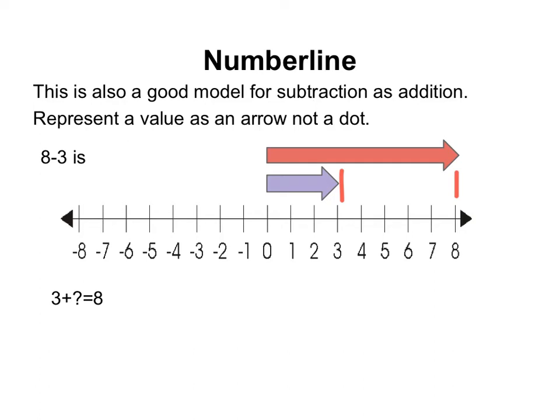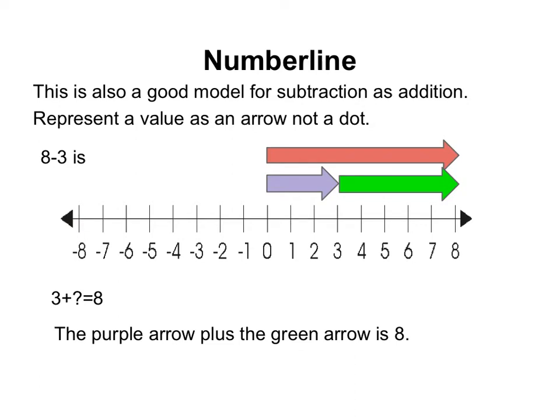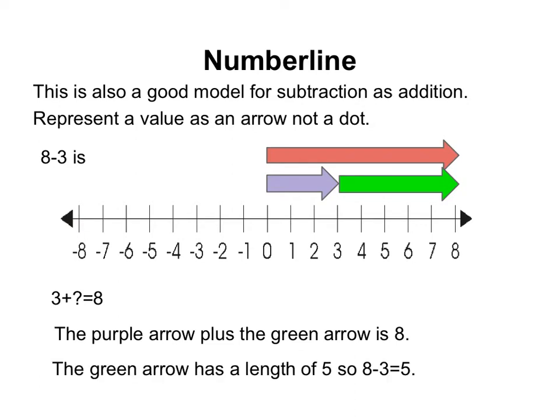I'm saying, okay, 3 plus what gives me that red arrow on top? So again, I fill that spot in with a green arrow. It looks exactly like it did on the other page. The length of that arrow is 5. So this is telling me that 3 plus 5 equals 8, which means 8 minus 3 equals 5.